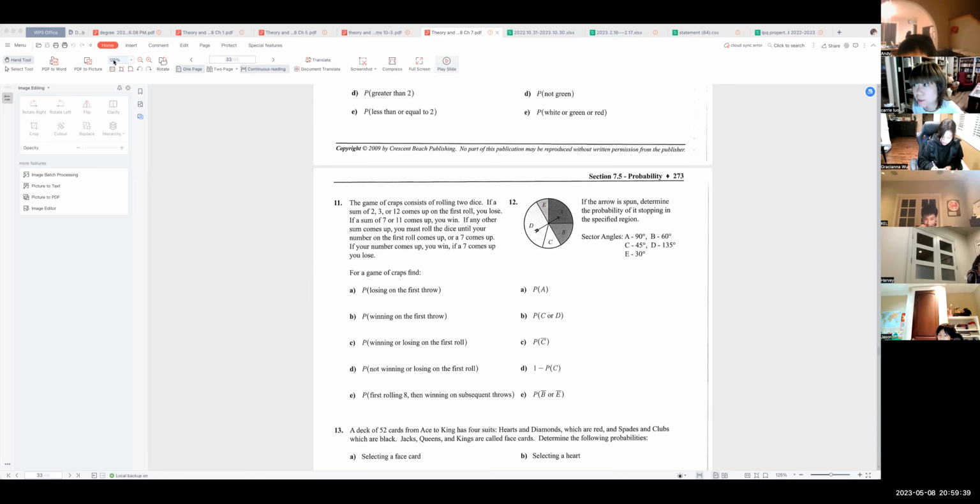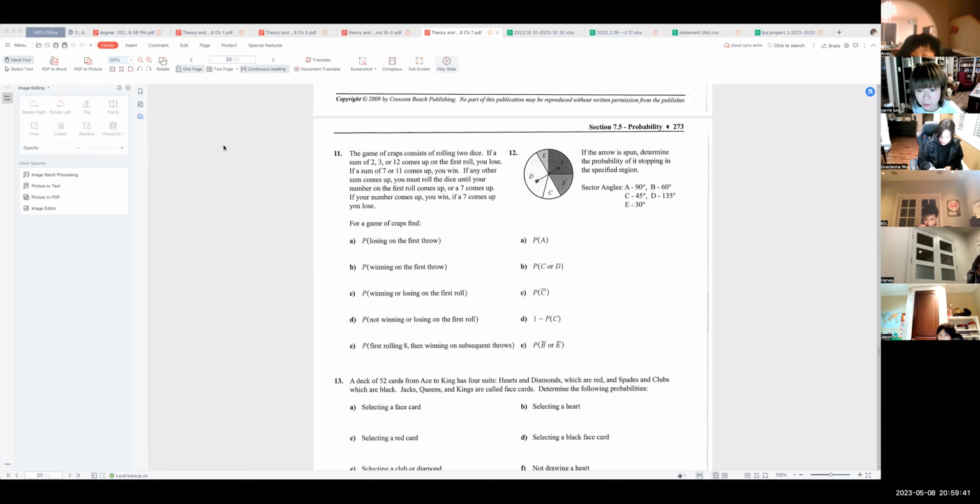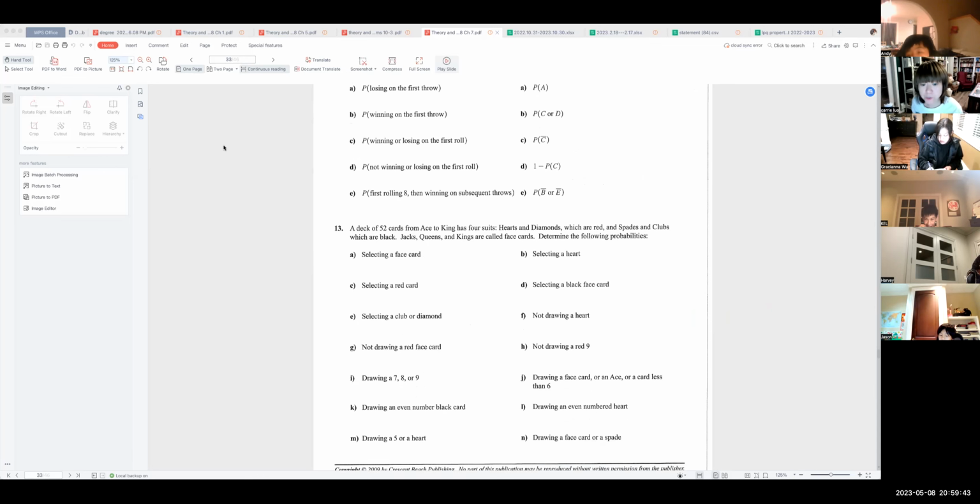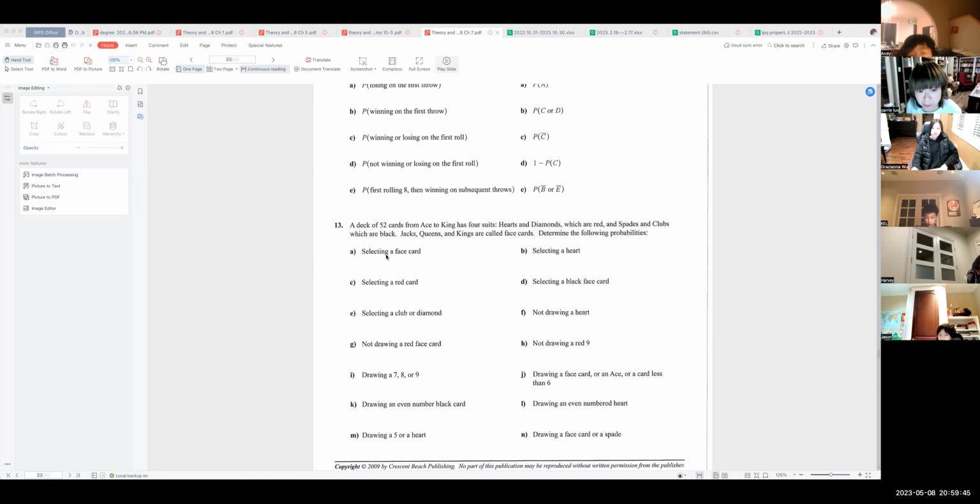Let's move on. OK,好,我们看最后一道题目。这个题目非常长啊,一道题目里面有14道小题目。So I want you to make sure that every single question is clearly done. Selecting a face card.